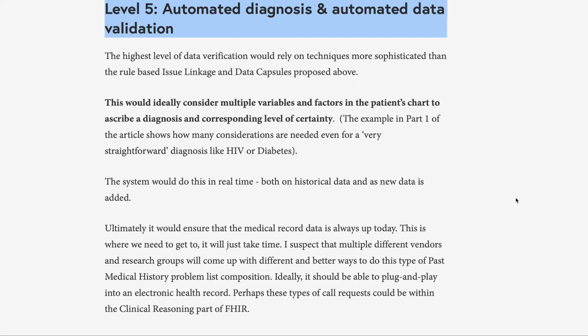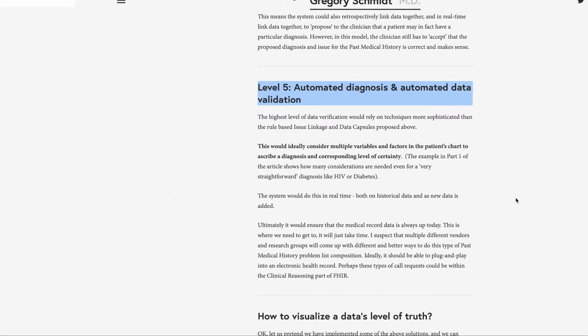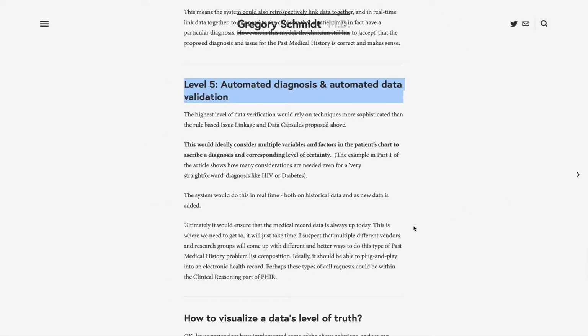It ultimately needs to just be a plug-and-play part which you add to the medical record. Perhaps it could be part of the FHIR clinical reasoning resources. Maybe that's how it plugs and plays in. But this is kind of the aspirational dream of where we want these systems to go.